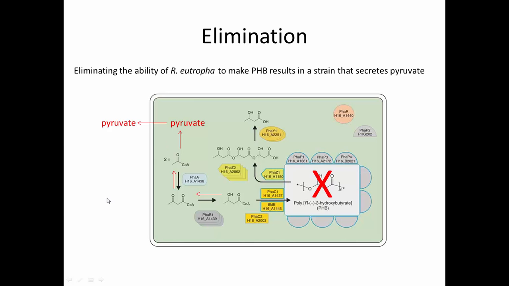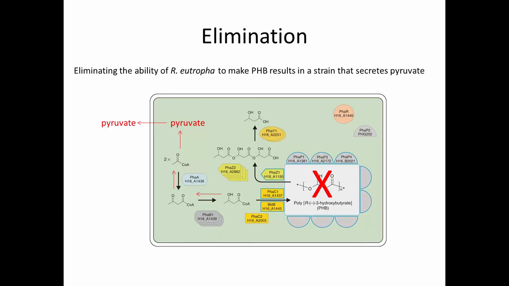But then again, you've got to consider that at the time when Ralstonia eutropha is making this PHB, this polyhydroxybutyrate, it's not growing anymore. So maybe it's not using the TCA cycle as much. Maybe it's only doing amino acid recycling, so it doesn't need to gather TCA cycle intermediates to make different amino acids.